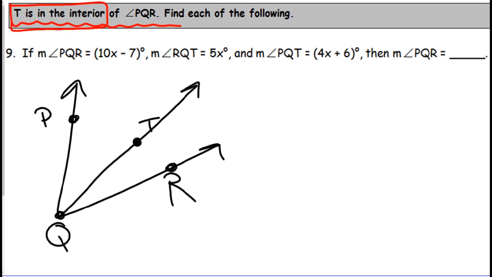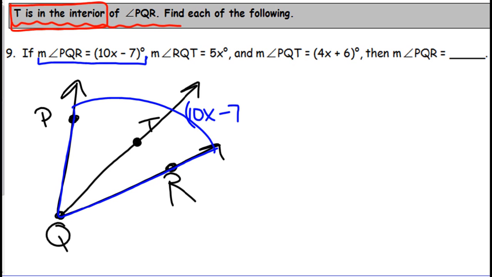Then I can look at what my problem is telling me. If the measure of angle PQR is 10x minus 7 degrees, we have to remember that in 10th grade geometry, algebraic expressions can represent our angle measures. So the measure of angle PQR, the entire thing, I like to trace it, P to Q to R, is 10x minus 7 degrees.